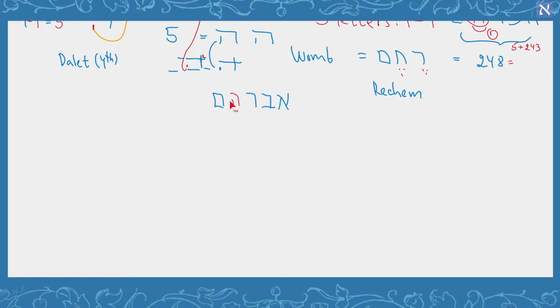Avram, and the potential of birth with the color red, and move to the blue. And Sarah, let's write it like this. And here we have her letter hey. So you see both letters hey give us the value of 10. I write it here.